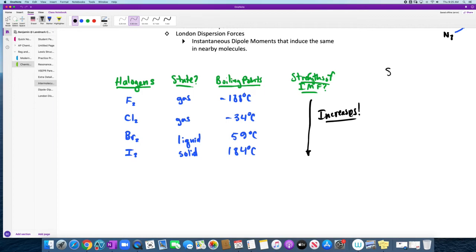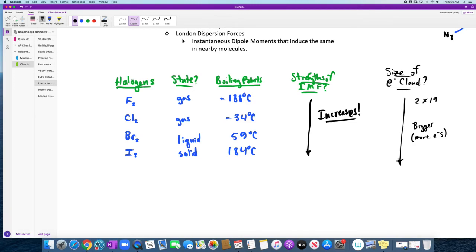So the size of the electron cloud is getting bigger and bigger and bigger. So basically more electrons, right? Diatomic fluorine would have 2 times 19 electrons.